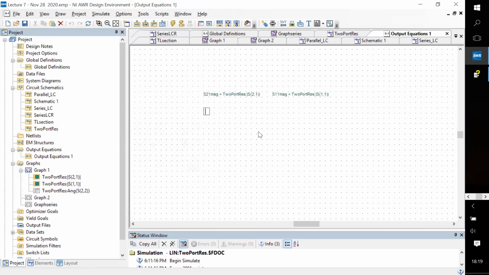So now I will say trans power equals S21 mag square. Reflected power equals S11 mag square. And you can define sum power equals trans power plus reflected.